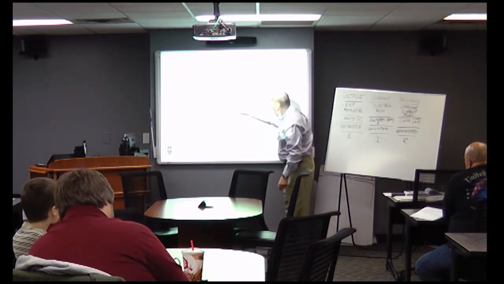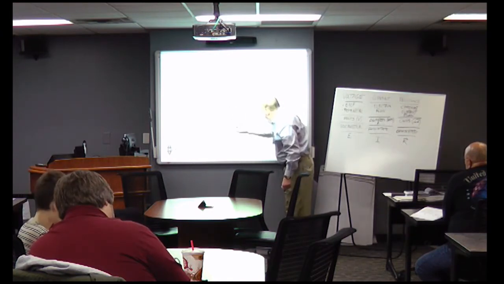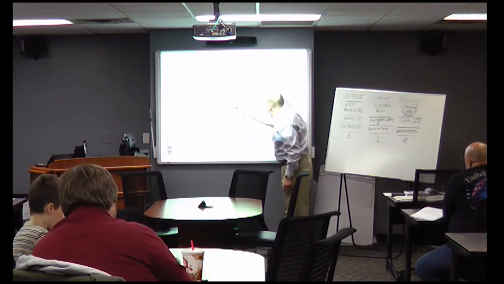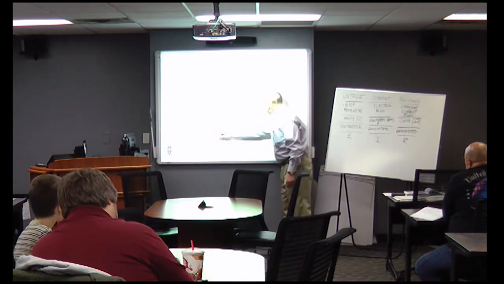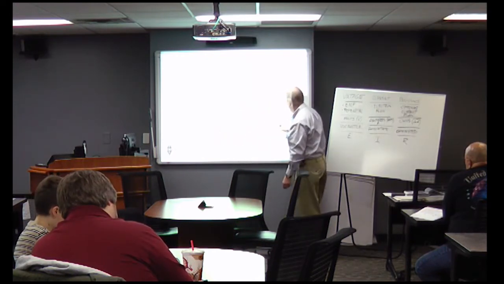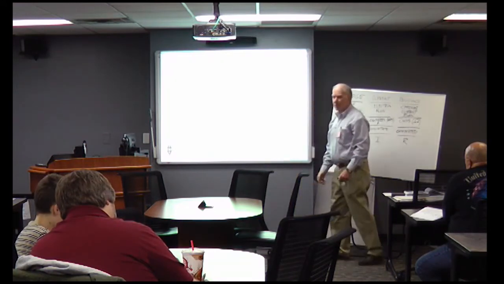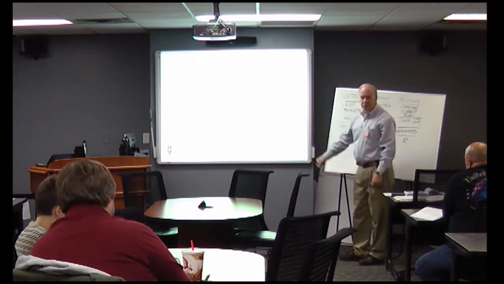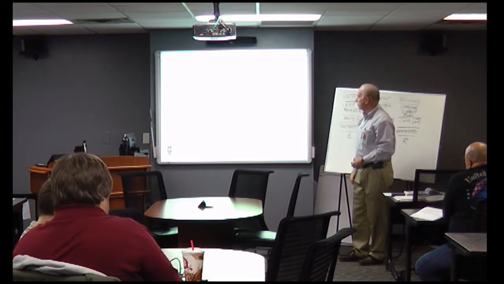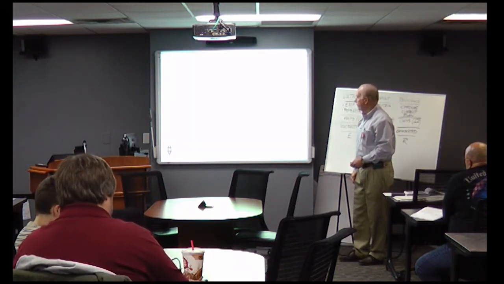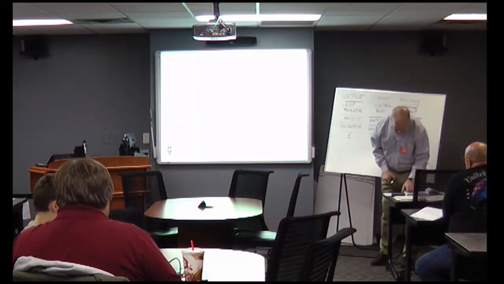So I've got current flowing this way, I've got current flowing this way, and I've got current flowing through R3. Current is everywhere. That's a parallel circuit, and the other was a series circuit. Let's talk about resistance for a minute.